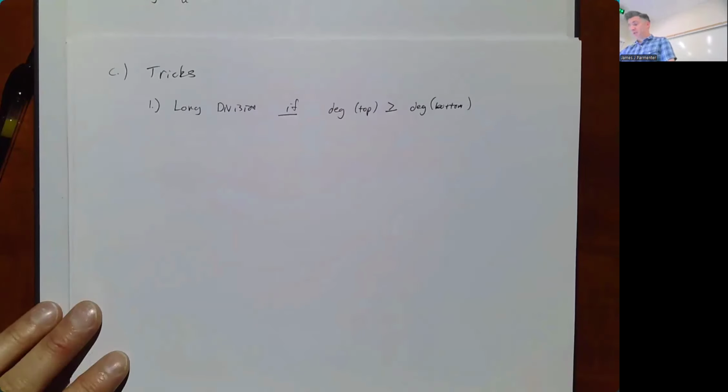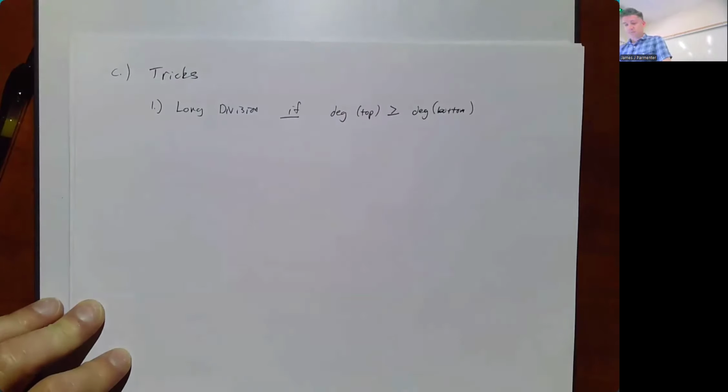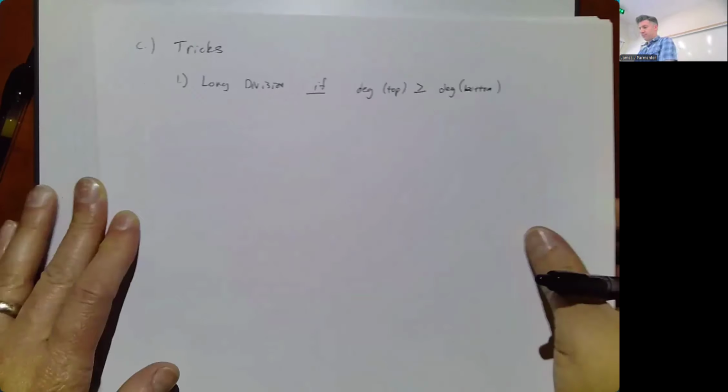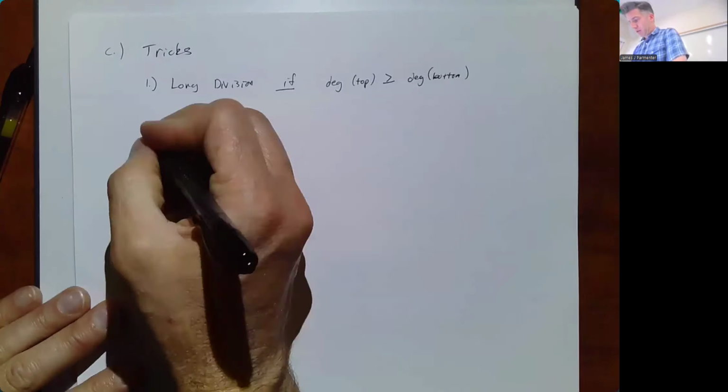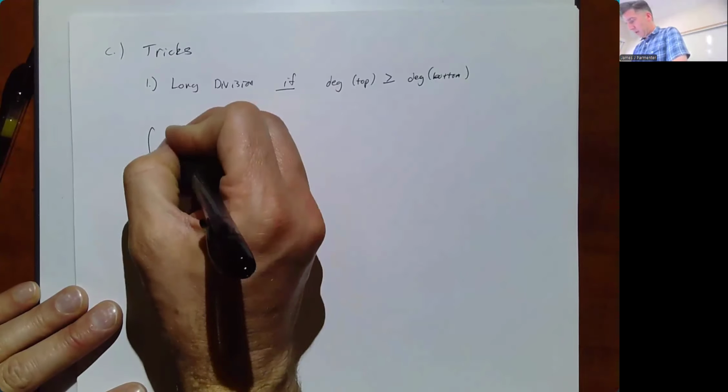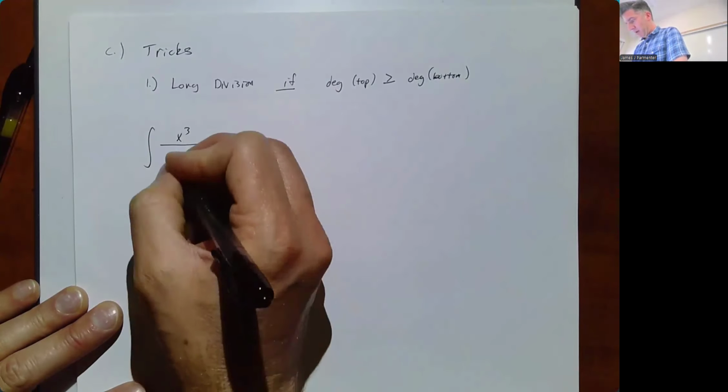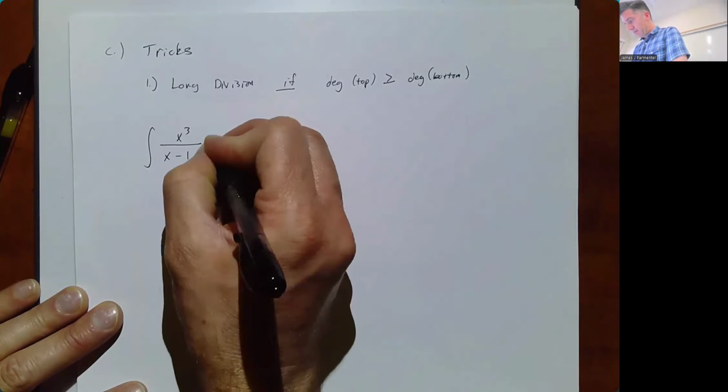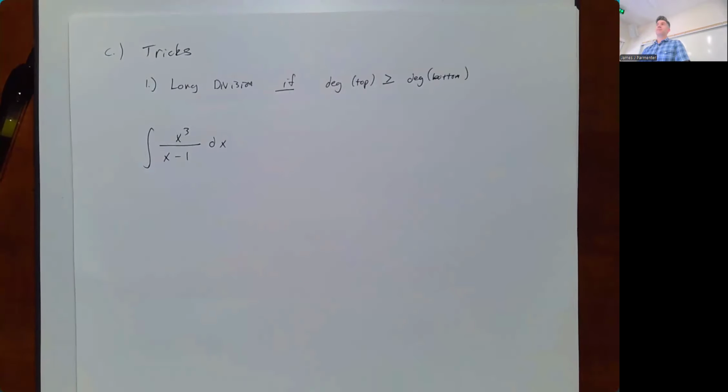A couple examples of this would be something like the integral of x cubed divided by x minus 1. It's not too easy, but I would do long division here, although there is another method that's also applicable, which we'll come back around to in a bit.